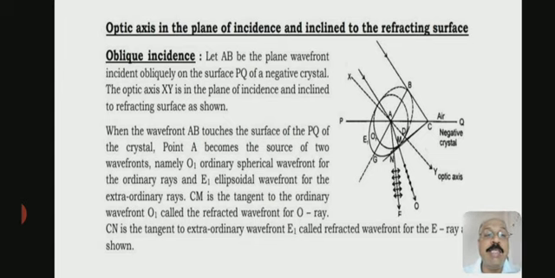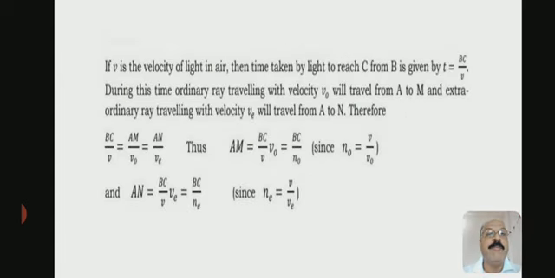CM is the tangent to the ordinary wavefront O1, called the refracted wavefront for the ordinary ray. CN is the tangent to the extraordinary wavefront E1, called the refracted wavefront for the E ray, as shown in the figure.